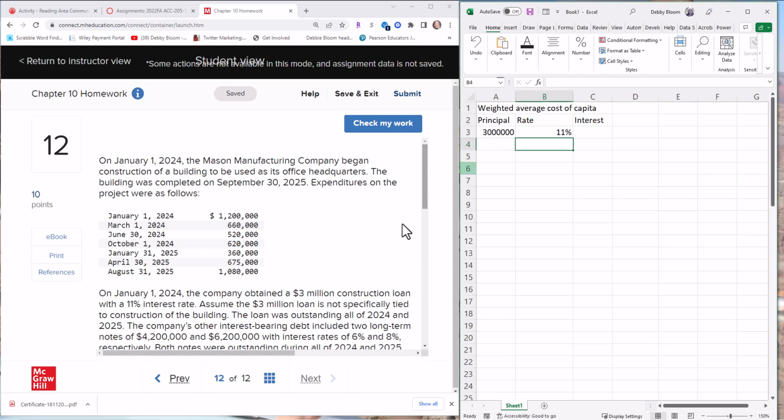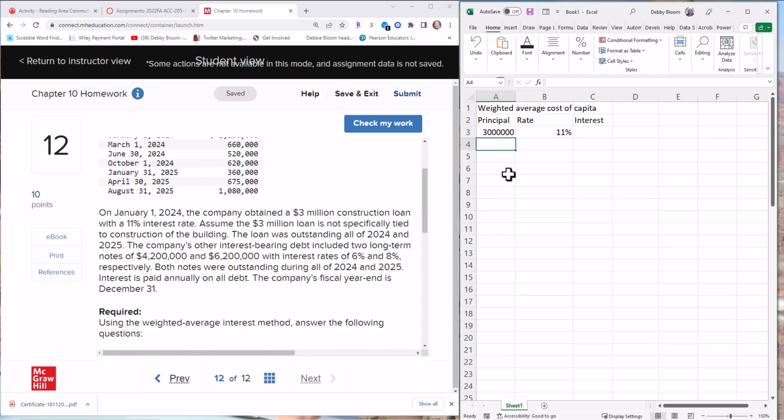I have a $4.2 million long-term loan, and that one is at 6%. And then finally, I have a $6.2 million loan, and that has a rate of 8%.